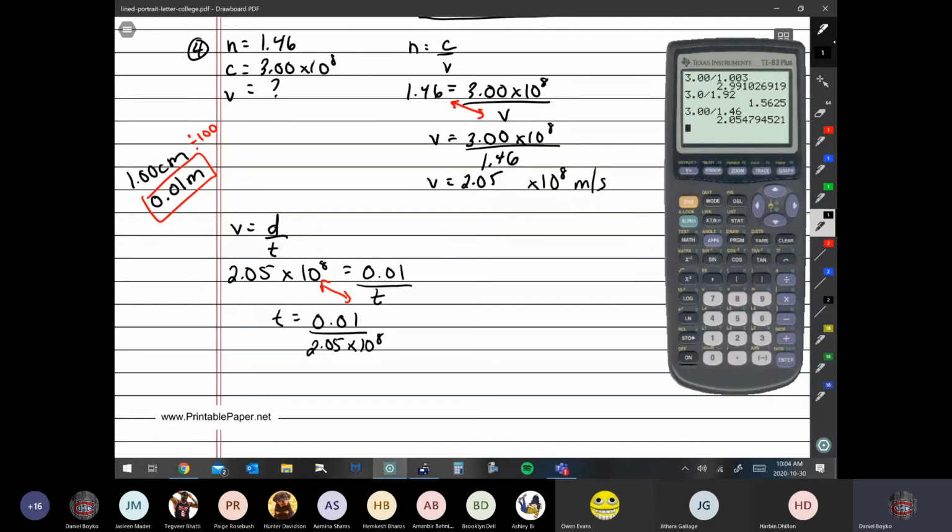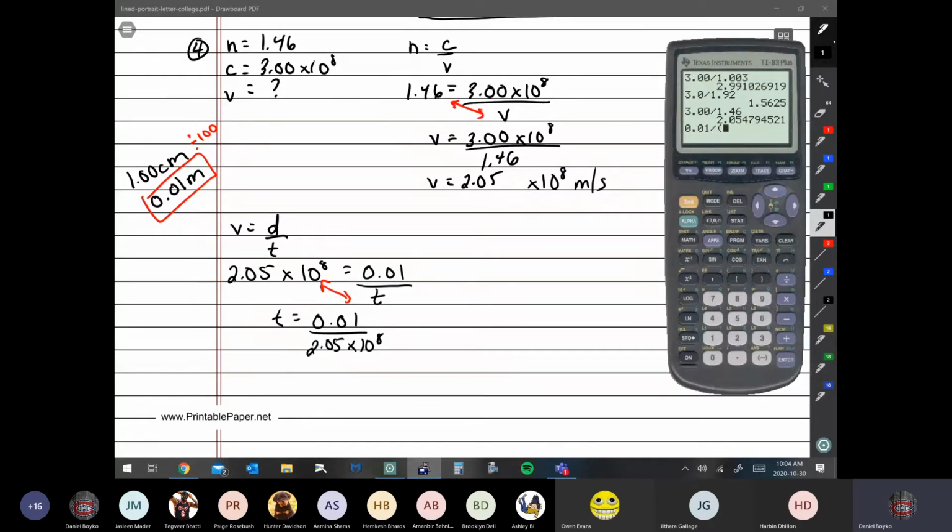Or what we can do is simply on our calculator, we can type 0.01 divided by. Now, here's where it gets tricky. You must open a bracket because we need to divide by the full denominator. Okay?